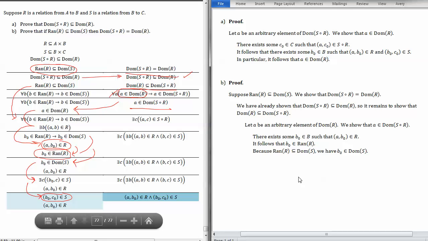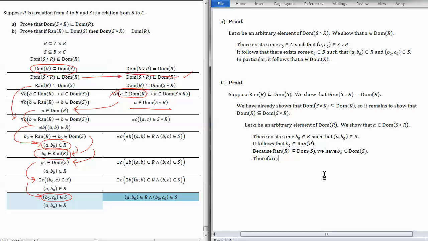So therefore, because B naught is in domain of S, there exists some C naught in C such that B naught C naught is in S.